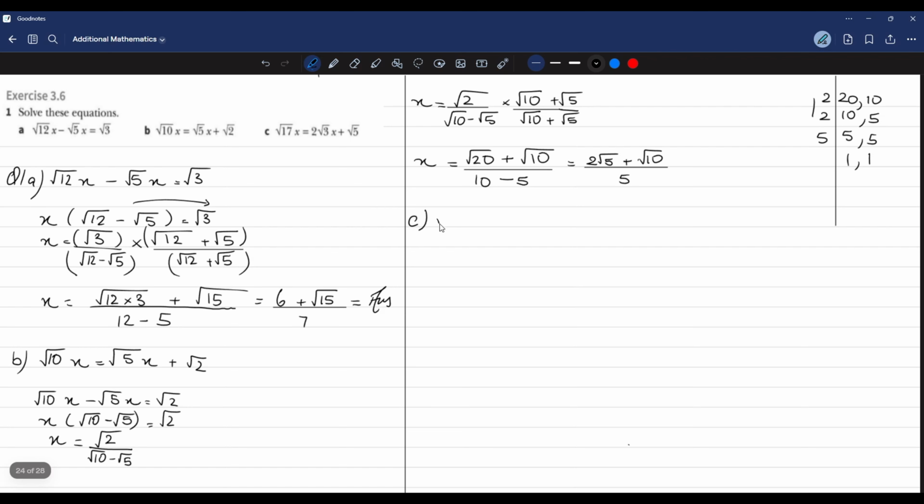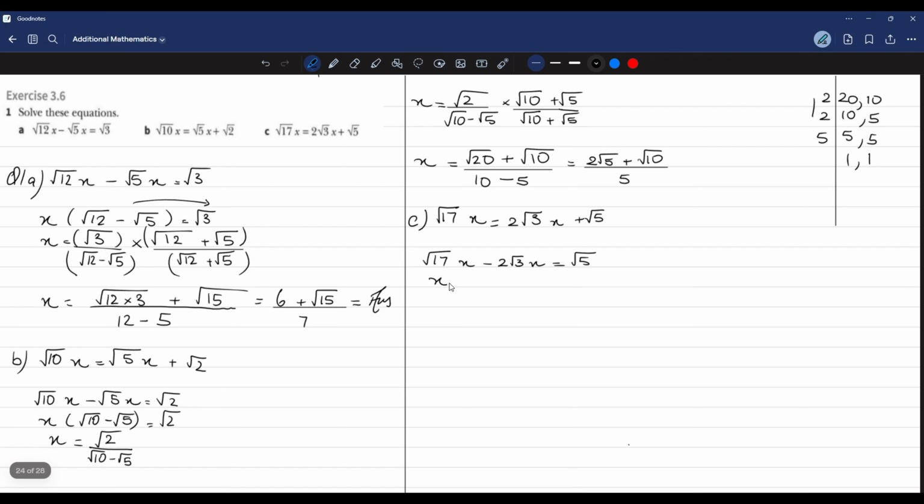For part C, again, a similar thing: under root 17x is equal to 2 under root 3x plus under root of 5. Next step, again we follow the same steps. Bring under root 17x minus 2 under root 3x to the same side, equal to under root 5. Now we have the coefficients of x.